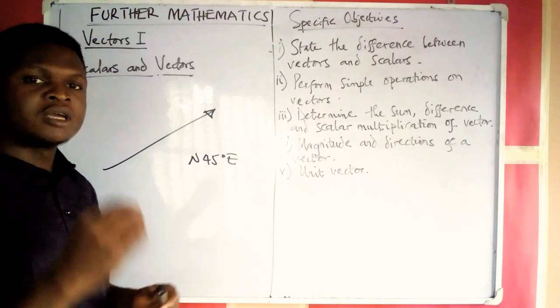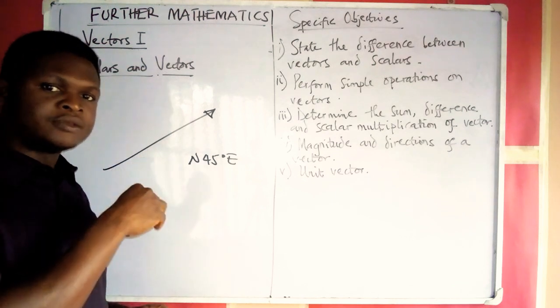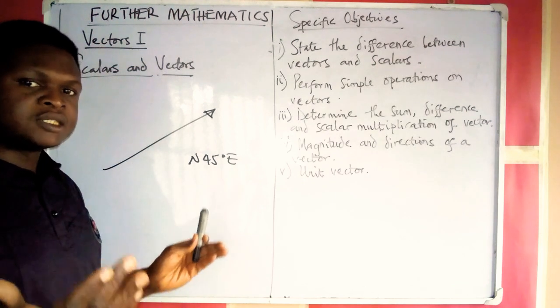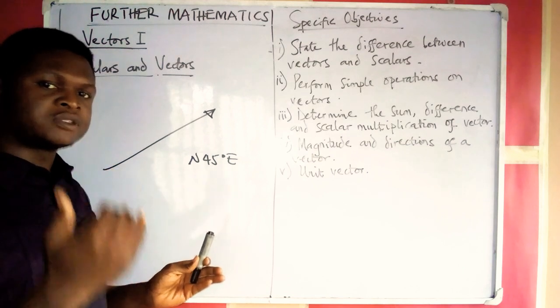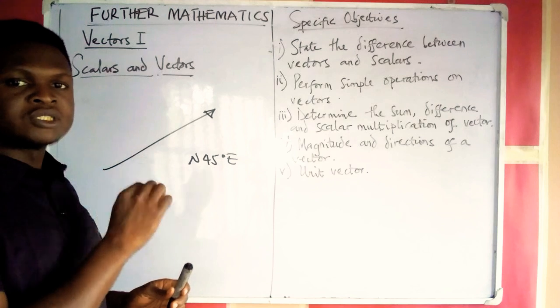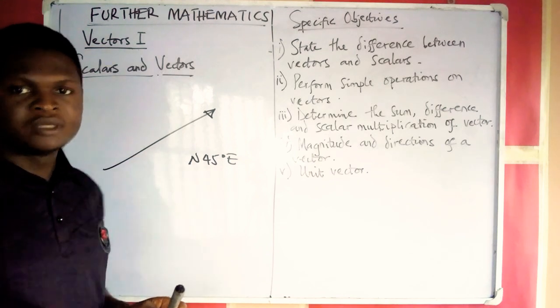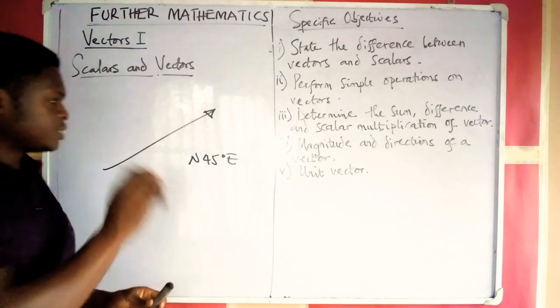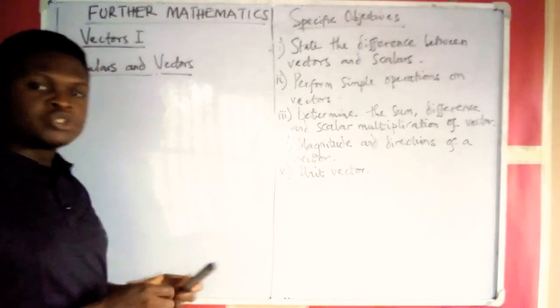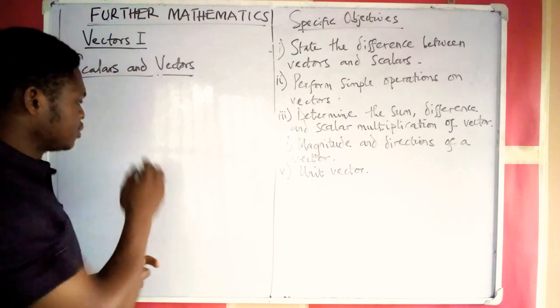If I want to represent such a statement as a vector diagram, all I need is to measure north 45 degrees east.